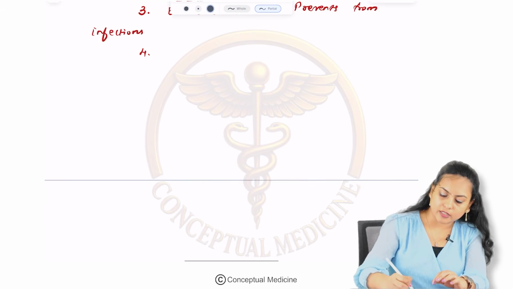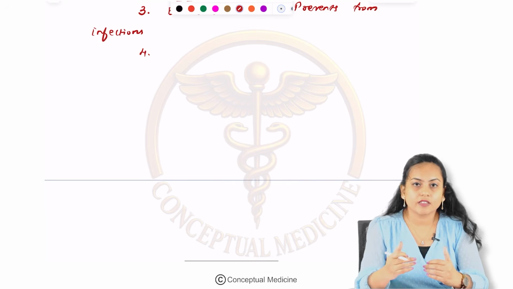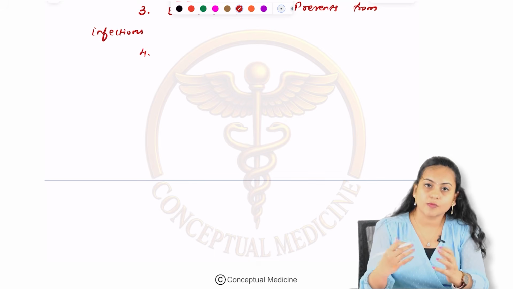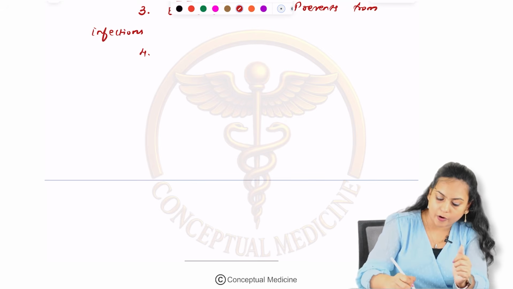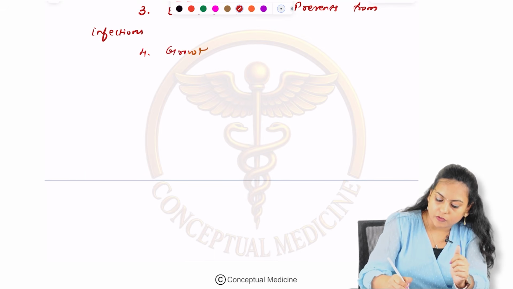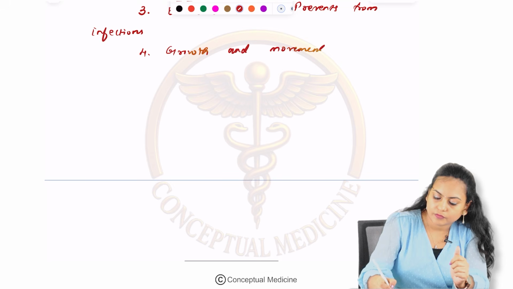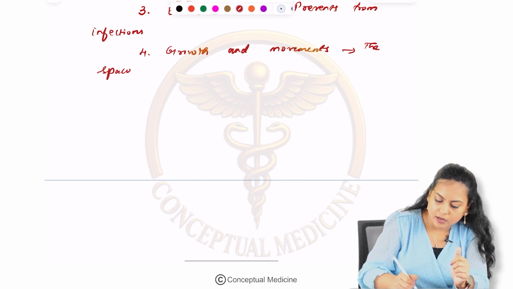And next point is, as the fetus is growing, it needs space for growth and movements. So, this space is also provided by the amniotic fluid.